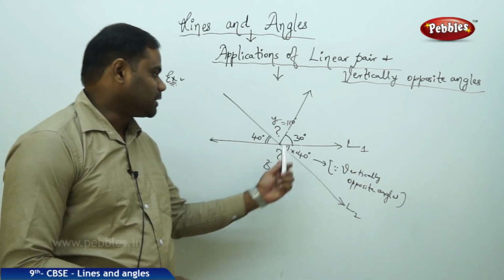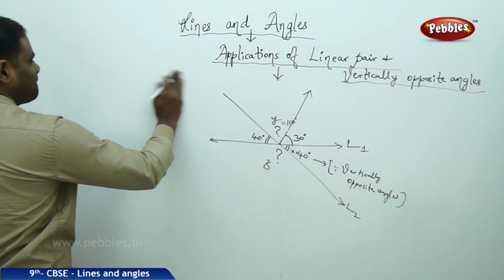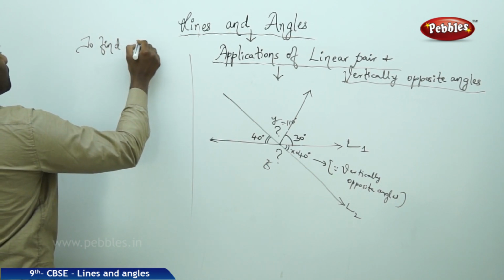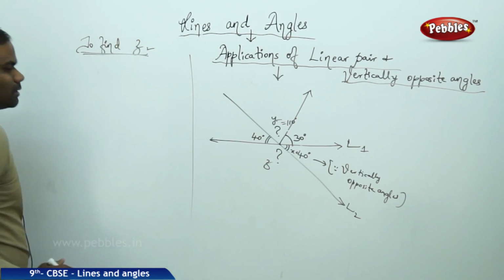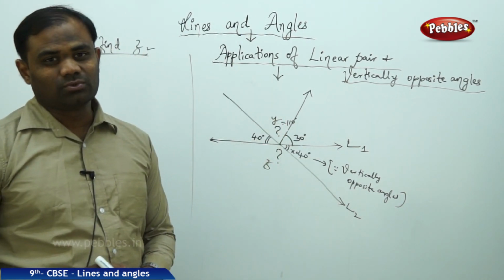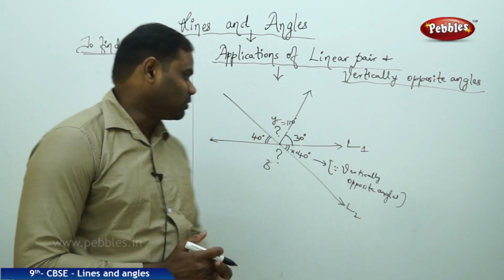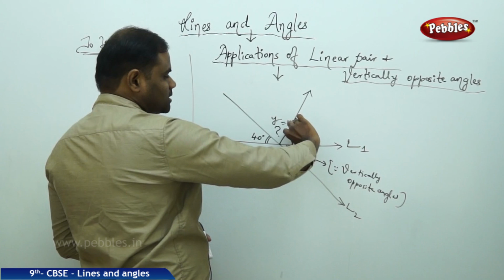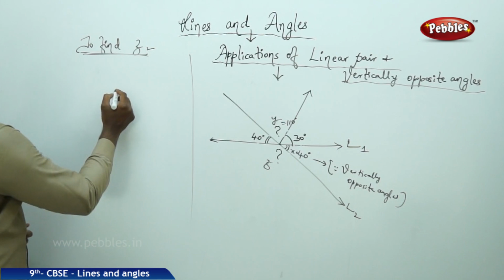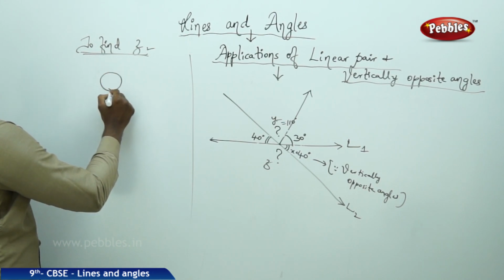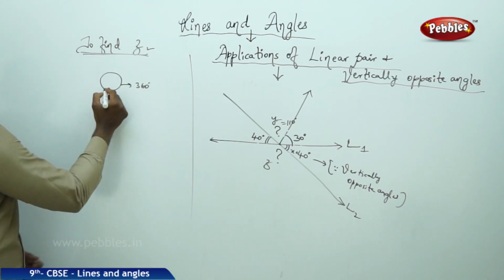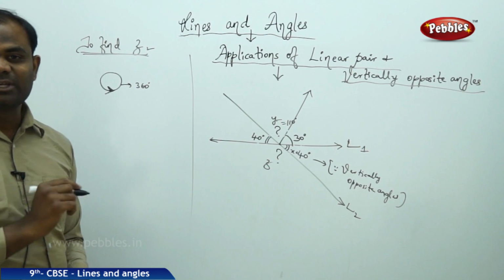To find angle z, clearly the sum of all the angles taken here must be equal to the circle angle, that is 360, because this angle x plus 30 degrees plus this plus this plus this forms one full circle, and the angle in one full circle is 360 degrees. Therefore, the circle property comes into existence here.